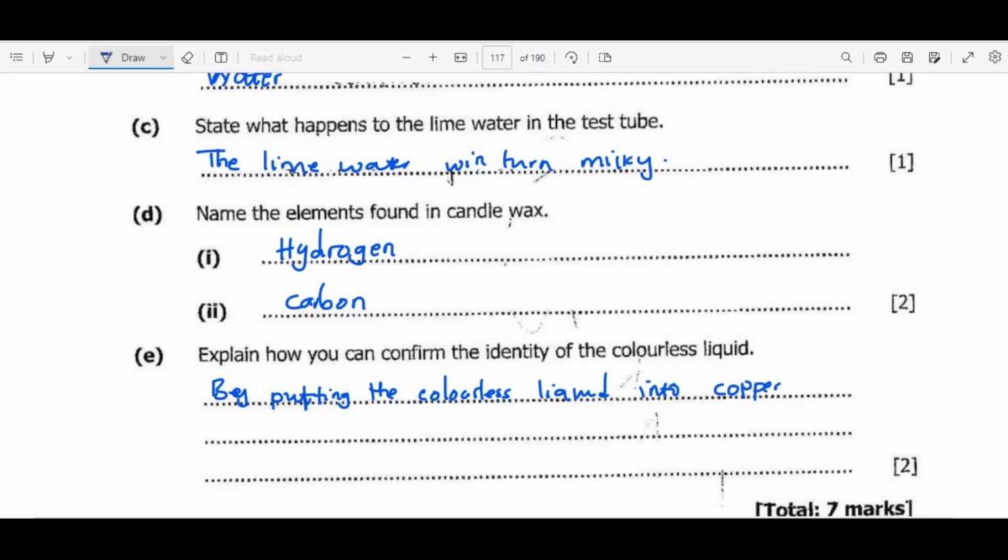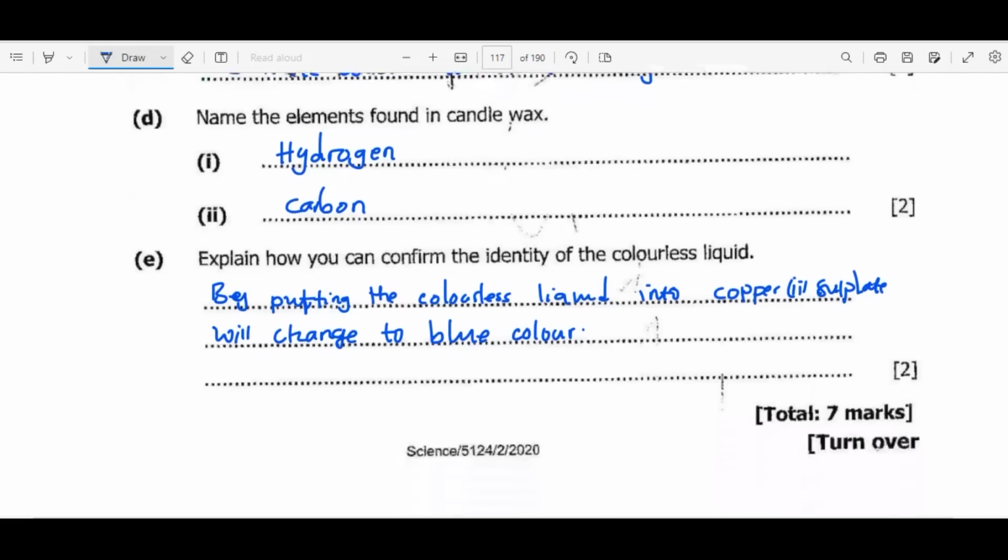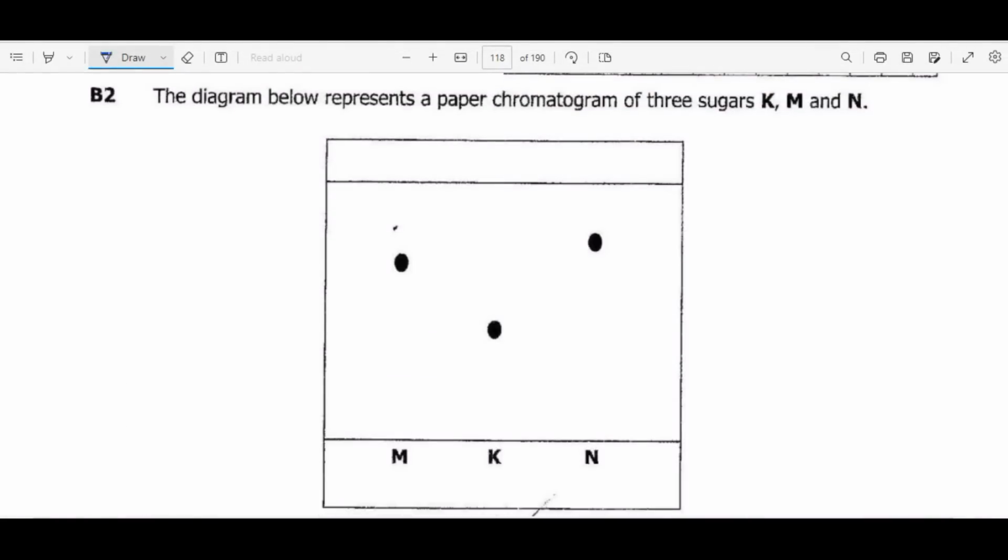So whenever you put water in the presence of copper 2 sulfate, then the copper 2 sulfate will change to blue color. So whenever there is blue color, then this indicates that the water is available. So to summarize, the identity test for water is copper 2 sulfate, and this changes into the blue color. Then we move on to question B2.